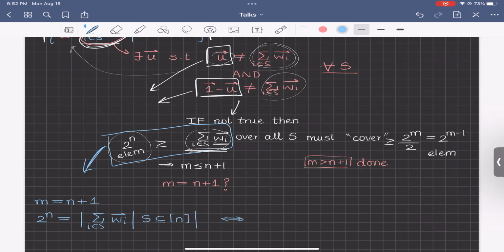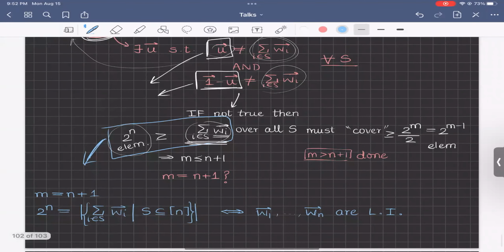Which is really the same as saying, what does it mean for them to be linearly independent? Yes, they are linearly independent. And we must also have this covering thing.